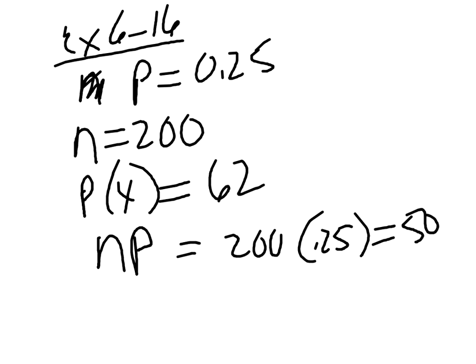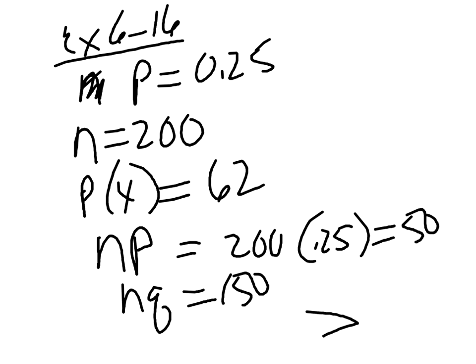And of course NQ, I'll just shortcut it to 150, and of course 50 and 150 are both greater than or equal to 5. So instead of working this out the long way, we can use our normal distribution, because step 1 in the procedure table has been fulfilled.